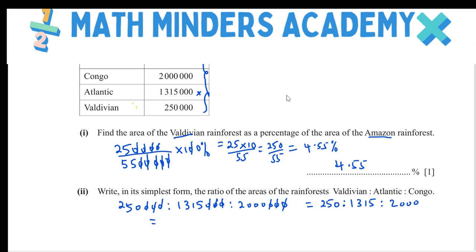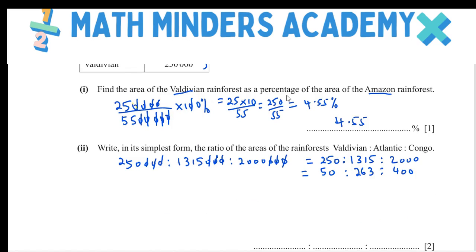If we divide by 5, we are going to have 50 here. 1,315 divided by 5 gives 263. And if you divide 2,000 by 5, you are going to have 400. So this is the least that you can get when these numbers are brought to their lowest form. So we have 50 ratio 263 ratio 400.